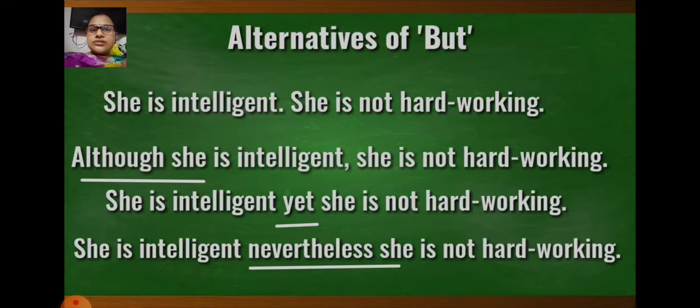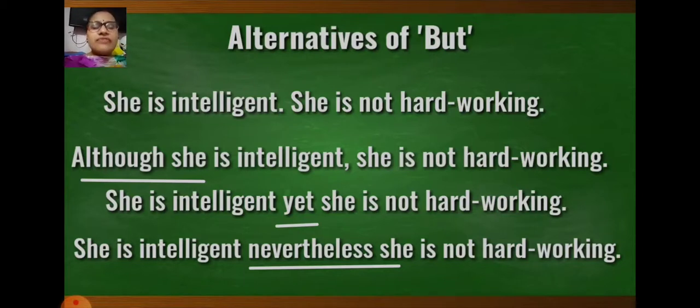It is not mandatory that if someone is intelligent, that person is hardworking. So instead of but, let's see what alternative you can use. That is, although she is intelligent.